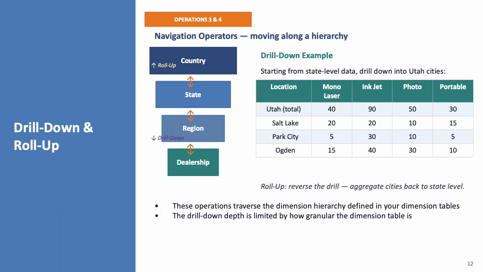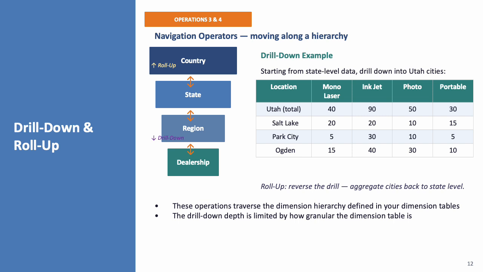Drill down and roll up are navigation operators. Rather than filtering or slicing the cube, they move us up or down a hierarchy within a single dimension. Dimensions in OLAP are often structured hierarchically.